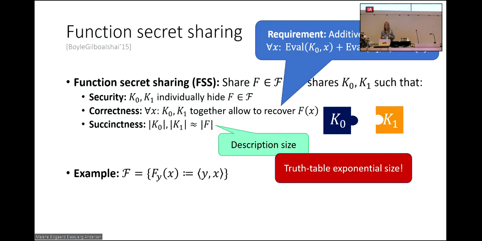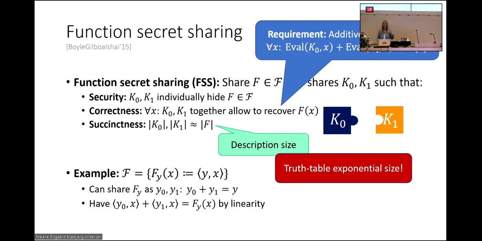The simplest example you can think of is a linear function. Assume the function is indexed by a vector, and you just want to compute the scalar product. With the last slide, it's very easy to do so. You can just secret share the vector that defines the function with additive secret sharing, and give the shares to the parties.